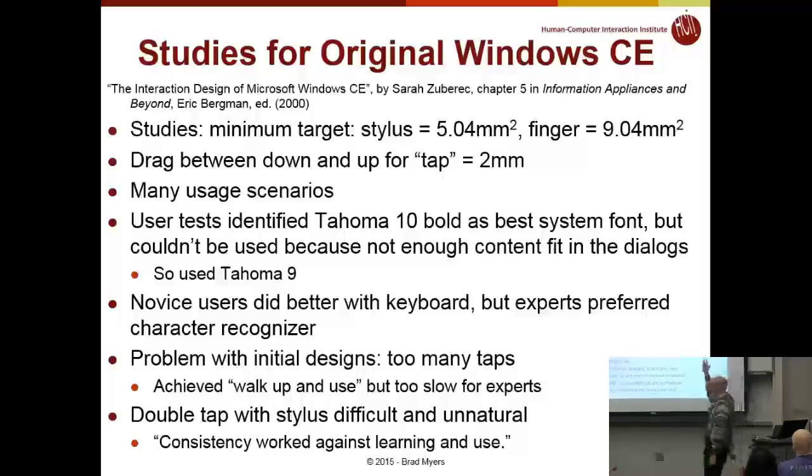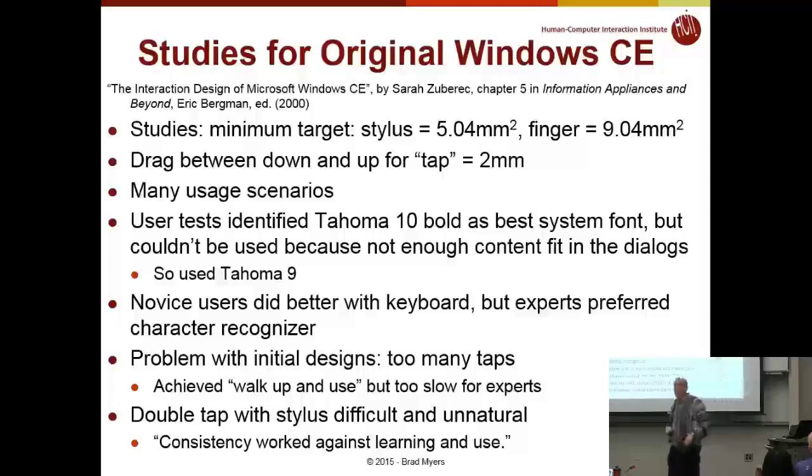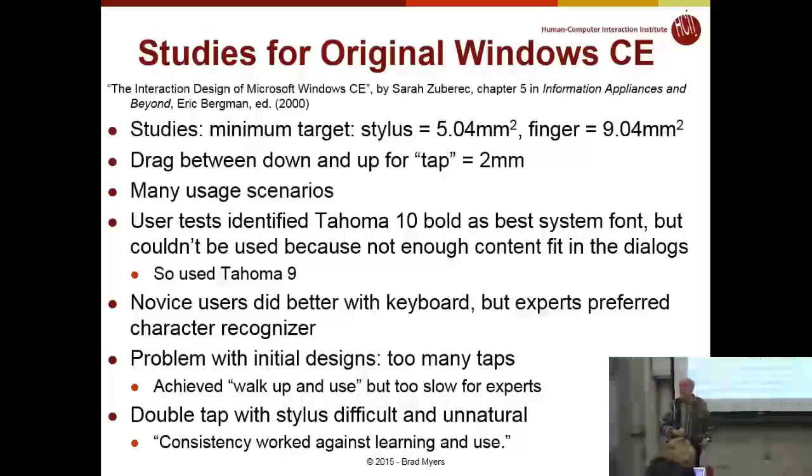So this was the predecessor to the Windows Phone, and they wrote this paper where they said, we did all this user testing and showed that a right size for things to press with your finger was 9 millimeters square. But that didn't let us put enough stuff on the screen, so we ignored the user studies and made things 5 millimeters square. It's like, well, duh. And the difference between press down and move and so forth was going to be 2 millimeters, right?